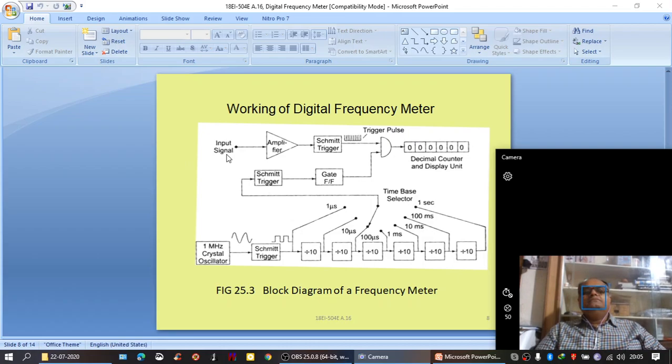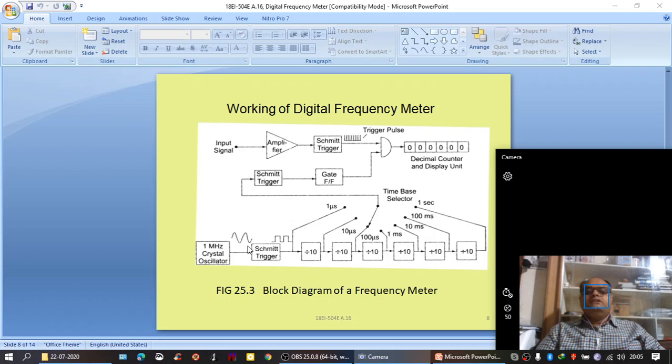Input signal is applied to an amplifier, to a Schmitt trigger, followed by a differentiator to produce spikes instead of pulses. Here it has been shown as spikes. Then a 1 megahertz crystal oscillator is taken.